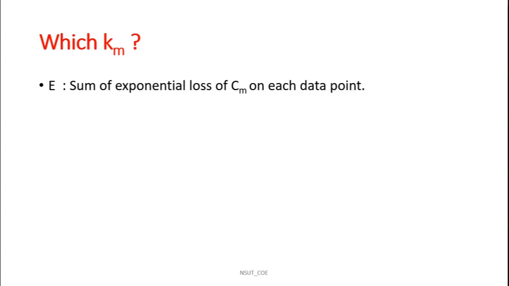Let E be the sum of exponential loss of Cm on each training data point. The reason we have chosen exponential loss here is because the exponential error function grows exponentially for a misclassified example, due to which the error term will have more weightage for the misclassified samples than the classified samples.